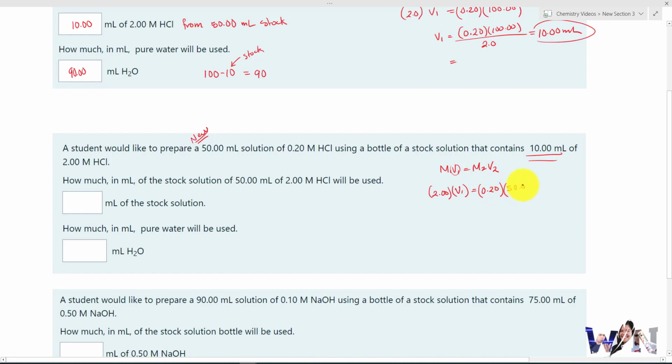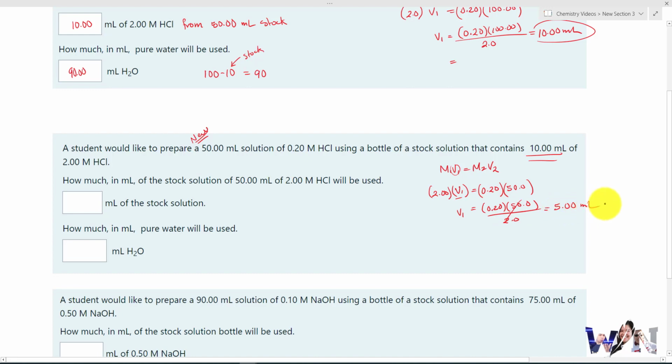We want to make exactly 50 milliliters. To solve for V1 is pretty easy, basic math: I just bring this over here and divide by 2. Plug it in our calculator: 0.2 times 50 divided by 2 gives us 5 milliliters.